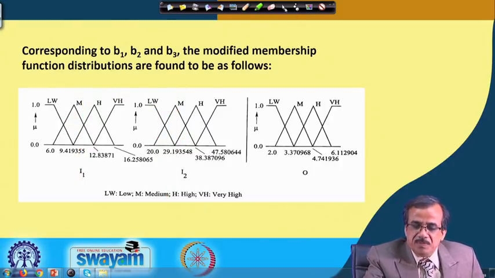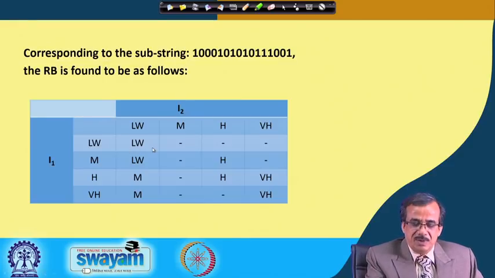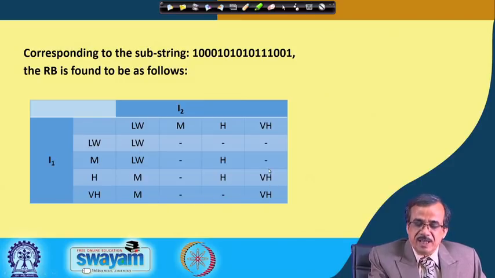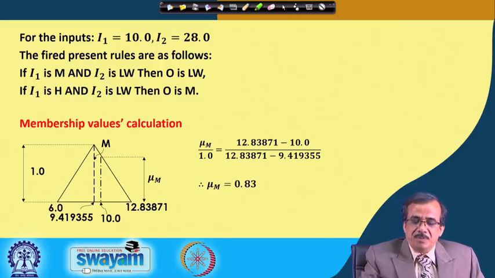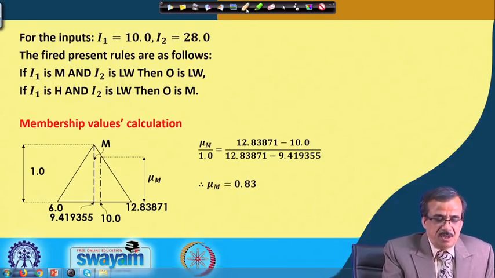To check it, we will have to come here and find out which 1 or which 2 or which 3 or which 4 of these fired rules are present. For this problem, only 2 rules are fired.